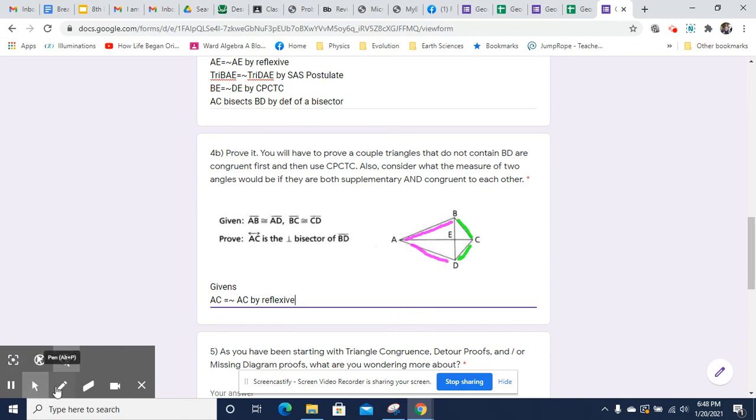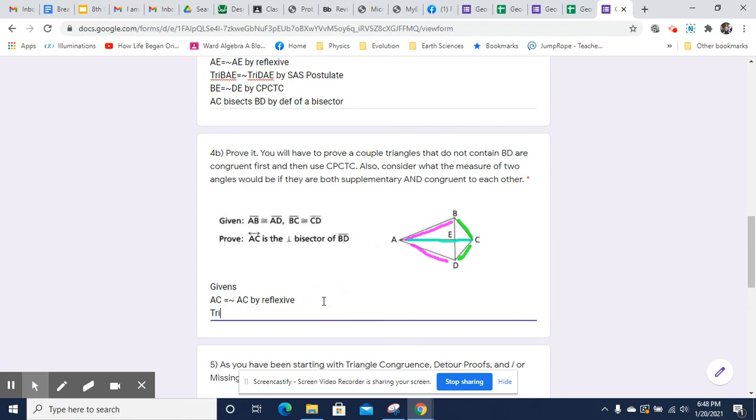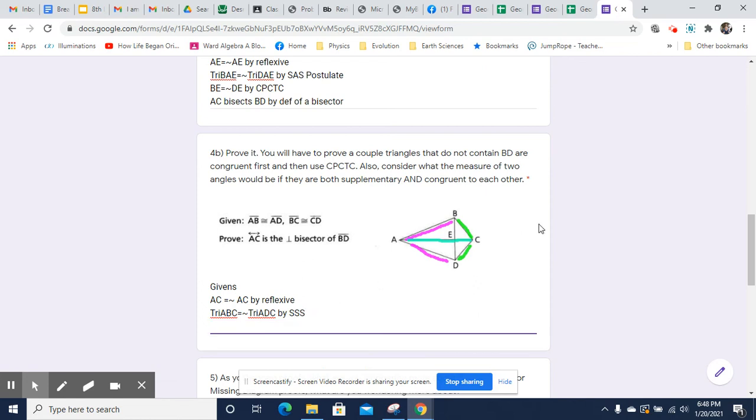And let's do that. So I'm just going to use a light blue there. Okay, and now we can prove that triangle ABC is congruent to triangle ADC by side, side, side, because we have three sides that are congruent.